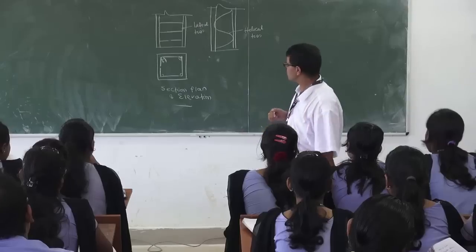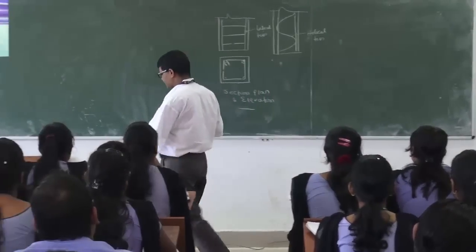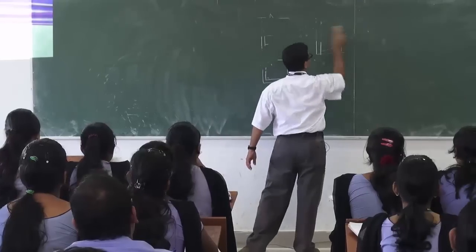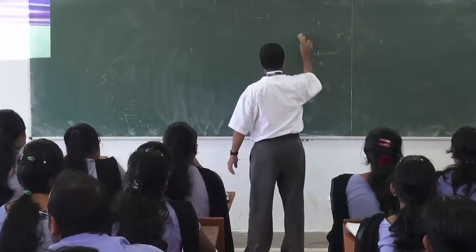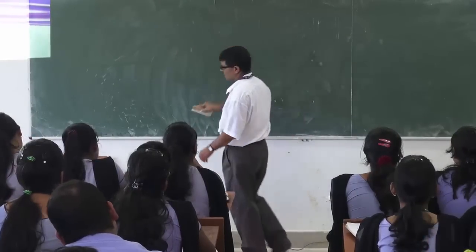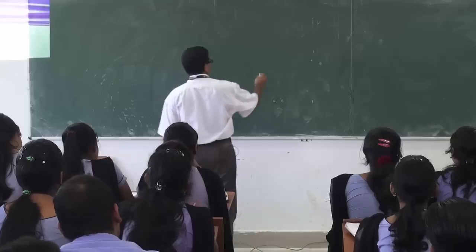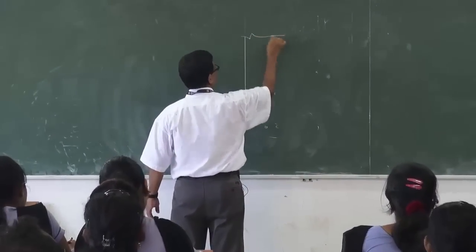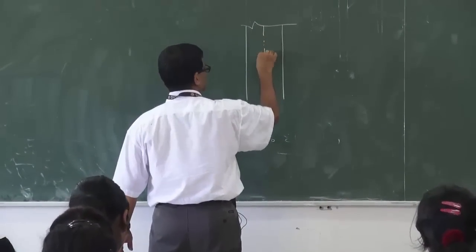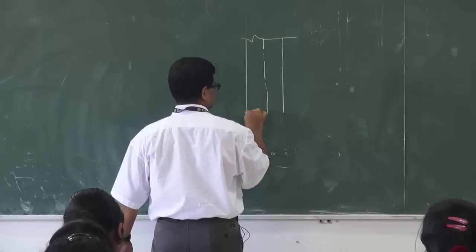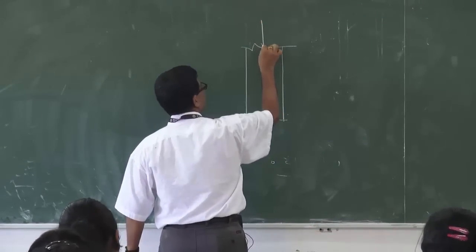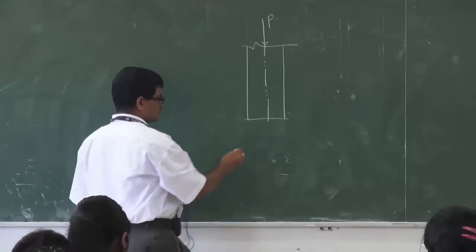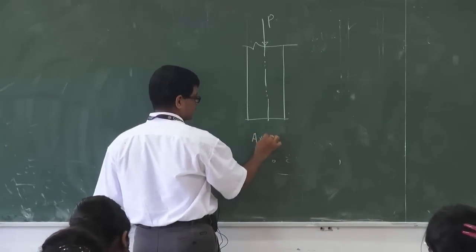The three conditions will come. A column may be subjected to axial load P, the load acting along the axis, so this is called an axially loaded column.